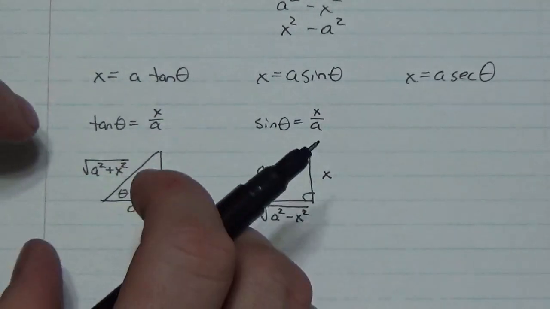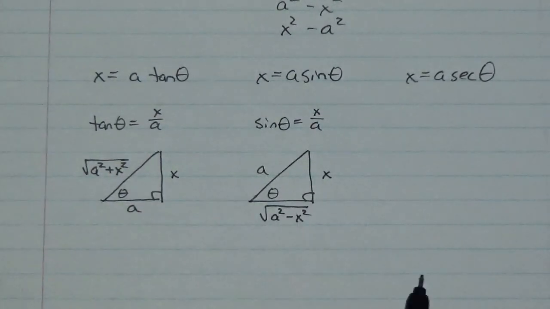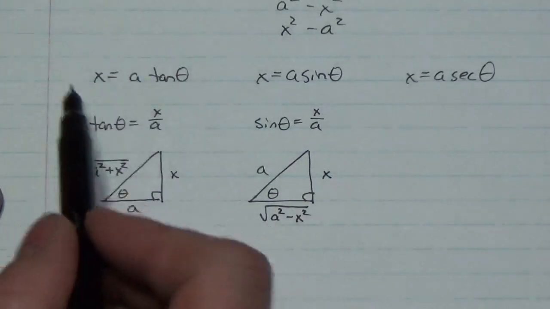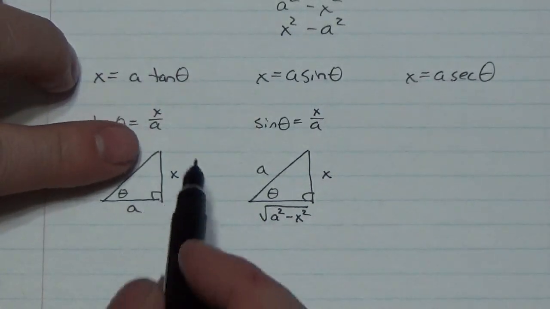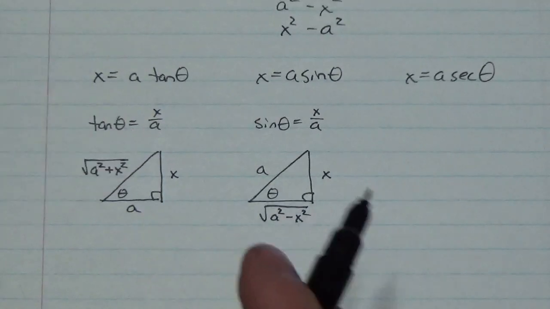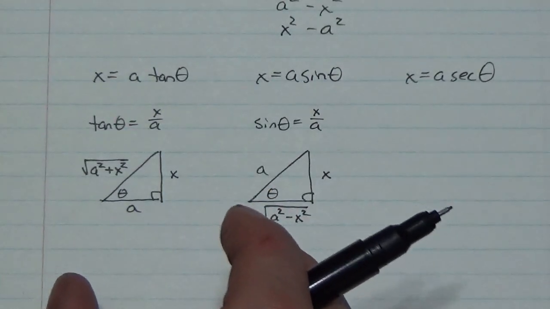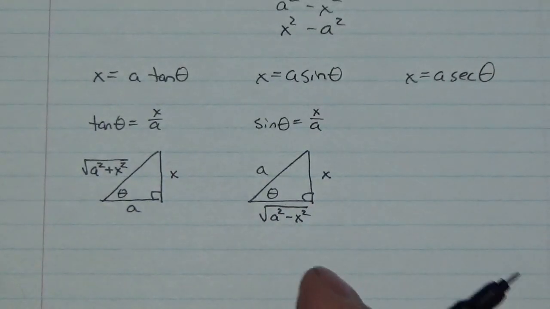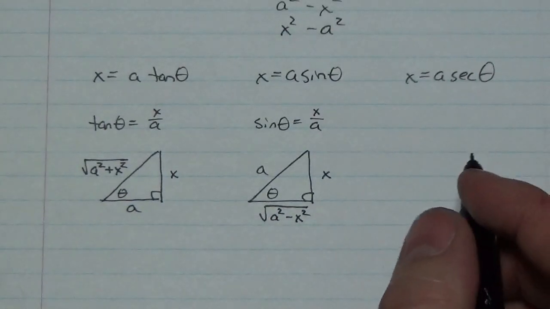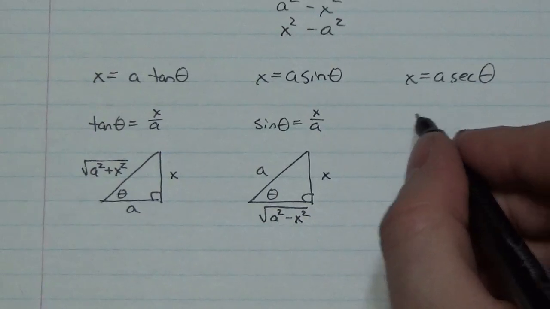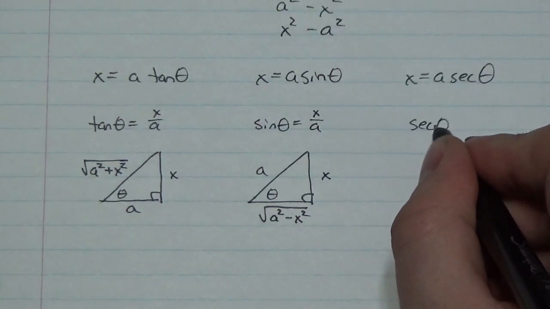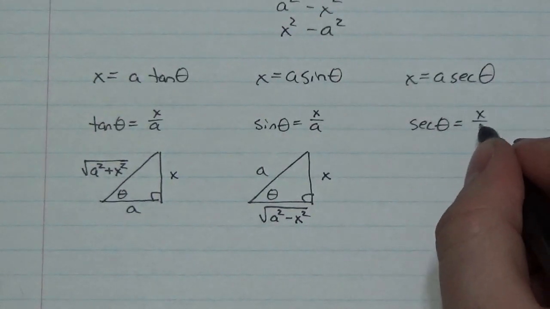Now, at this point it probably isn't making a whole bunch of sense, because you're looking at the tangent here, and look, I don't need the hypotenuse to get the tangent. But let me draw out the last triangle here, then I'm going to go back and we're going to do a quick substitution, and I'll show you why this works. What we're being told here is that the secant of theta is going to equal x over a.